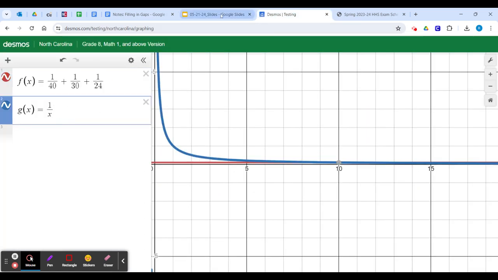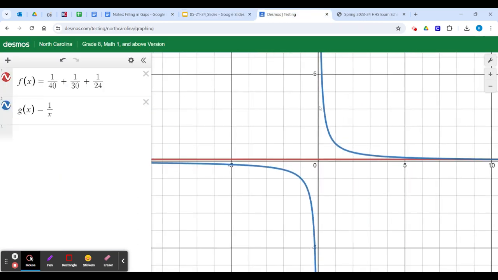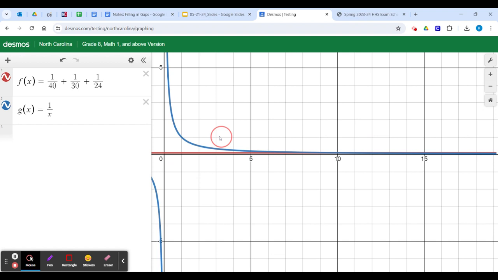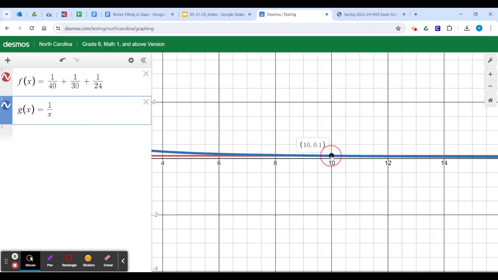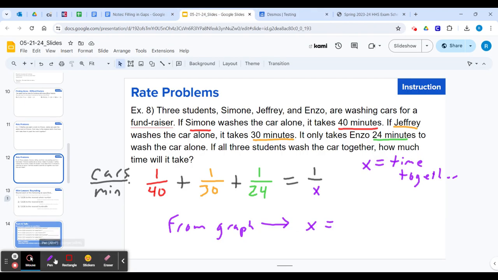And on the right side of my equation, I still just have 1 over x. If I zoom back, again, I'm still just worried about our positive x values because we're dealing with positive time. If I click on one of these, I can help locate that intersection. It looks like we intersect at an x value of 10, which means that altogether it is going to take our students 10 minutes to wash that car together.